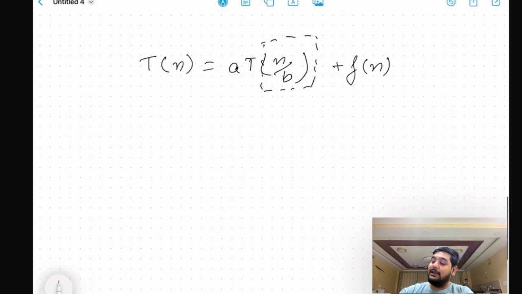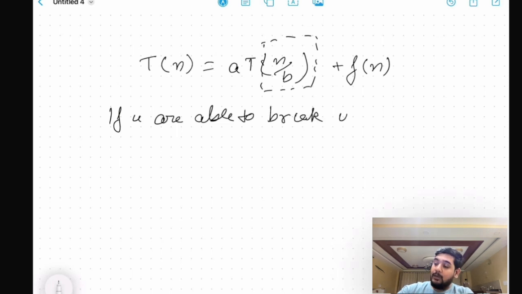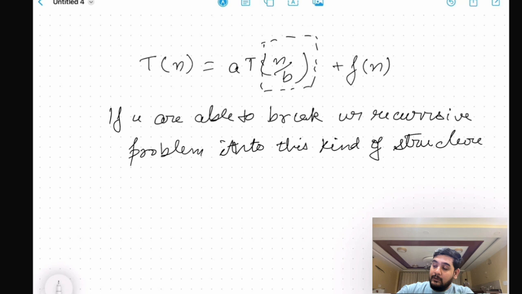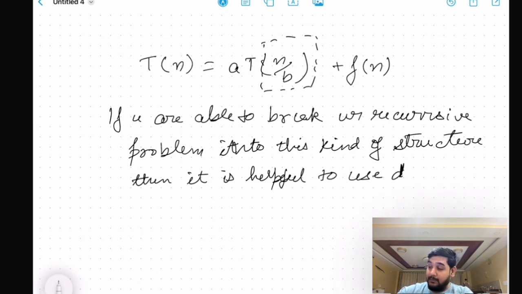So when I try to say this, if you are able to break your recursive problem into this kind of structure, right, then it is helpful to use the master theorem.